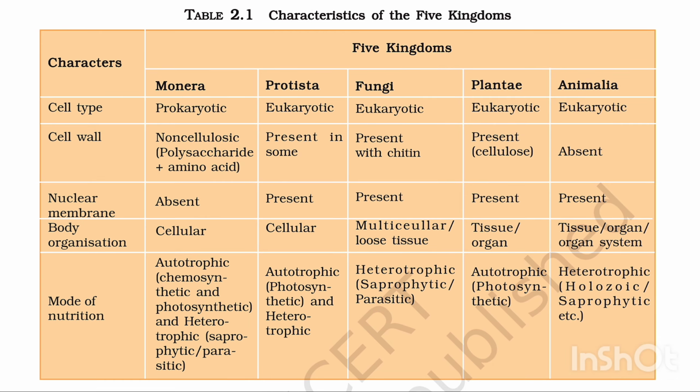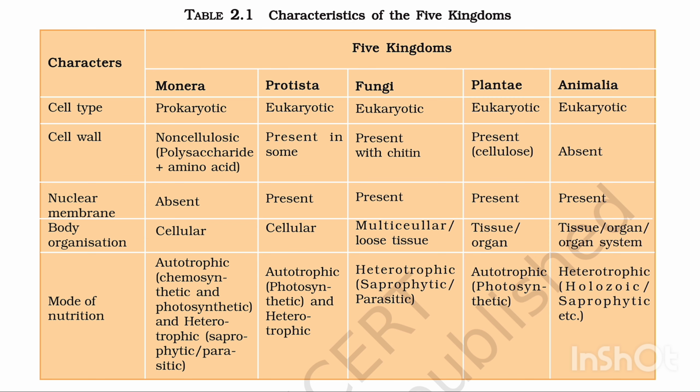Table 2.1 Characteristics of the 5 kingdoms. Characters: Monera, Protista, Fungi, Plantae, Animalia. Cell type: prokaryotic for Monera, eukaryotic for the rest. Cell wall: non-cellulosic (polysaccharide plus amino acid) in Monera, present in some Protista, present with chitin in Fungi, present with cellulose in Plantae, and absent in Animalia. Nuclear membrane: absent in Monera, present in the others.